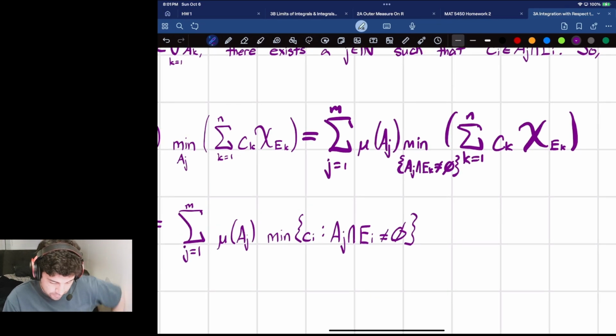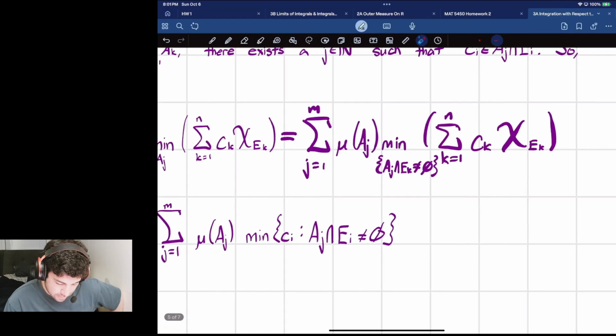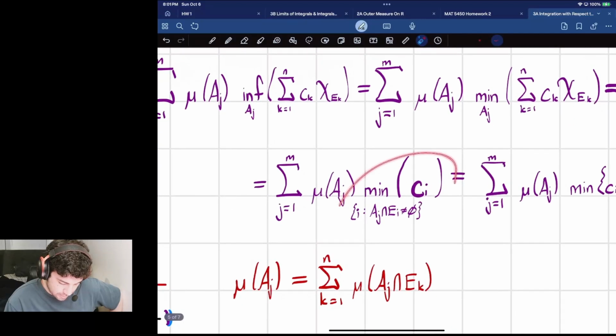Taking the minimum over the sets such that A_j intersect E_k is not empty. And I think this leads to this, basically directly.